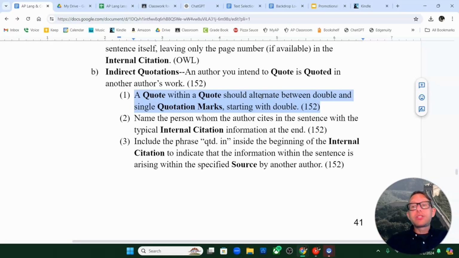You'd start with double quotes, then single quotes, then double quotes, then single quotes, and so on and so forth. And in the process, you would be acknowledging the fact that, okay, this all came from this quotation in this one place, but there's a sub-quotation embedded within it that came from a completely different place that I'm also acknowledging, okay? All right, let's bring it down then to number 2.